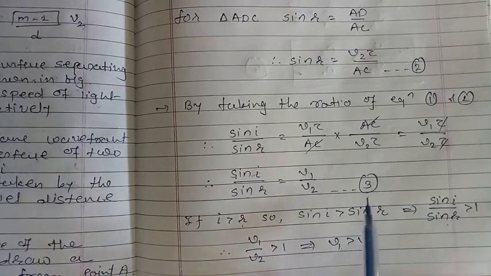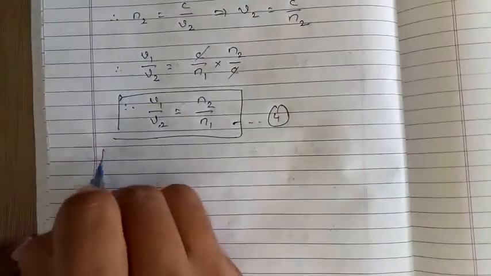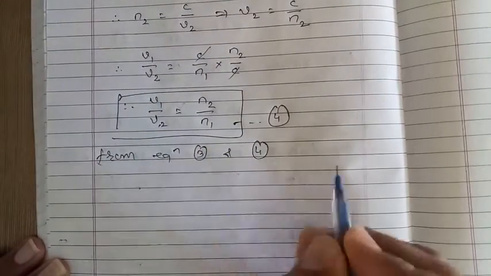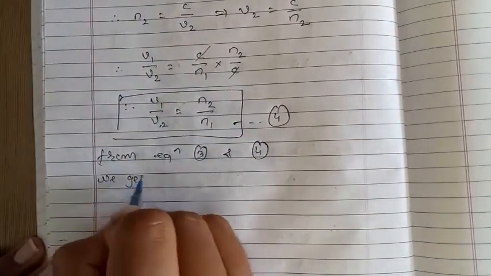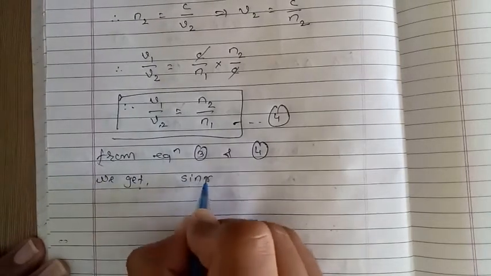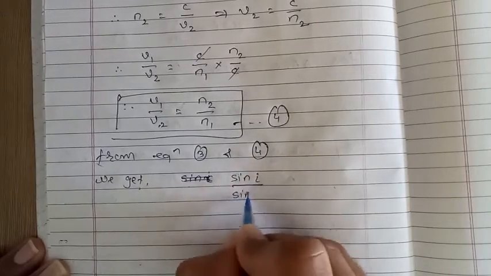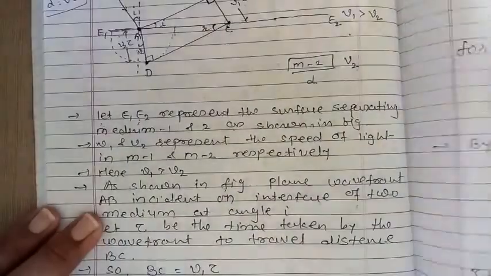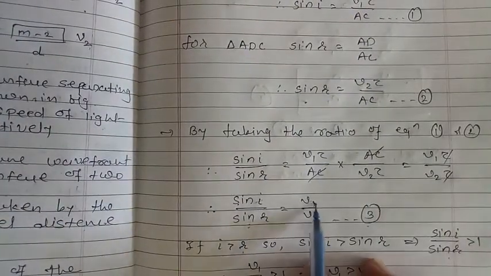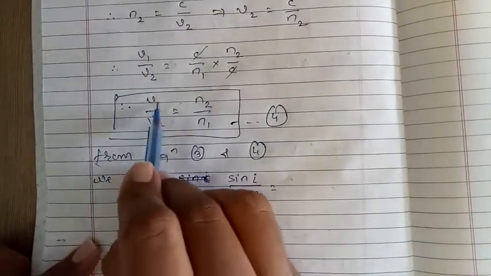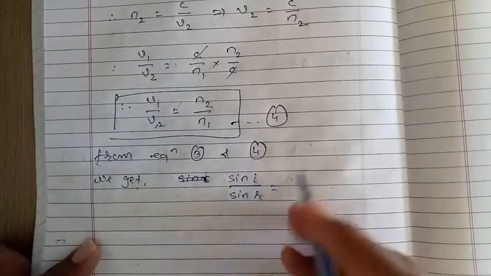So from equations 3 and 4, sin I upon sin R is equal to n2 upon n1.